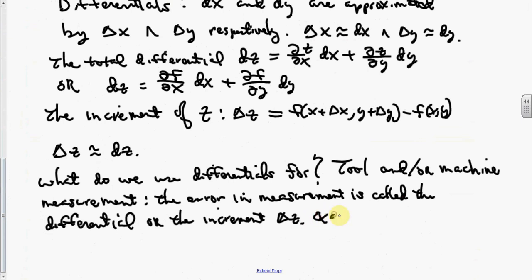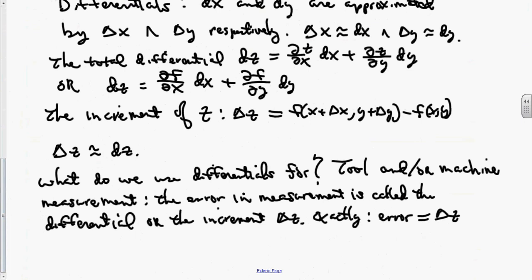Let me write it here. Exactly, the error is this dz, and the exact or the calculated measurement is neat because the way they're getting that exact measurement goes all the way back to Isaac Newton and is what the computer gives.